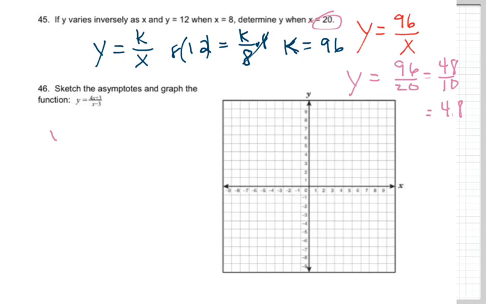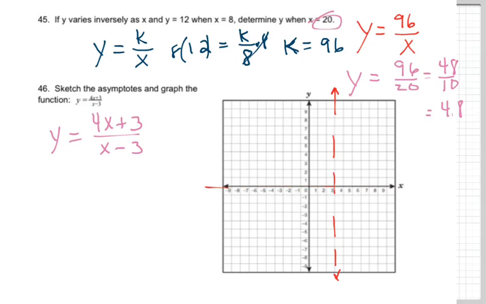46, sketch the asymptotes and graph this function. Let's go, vertical asymptote at 3 because of the denominator. Looks like numerator and denominator have the same degrees, so, sorry, I made a boo-boo.